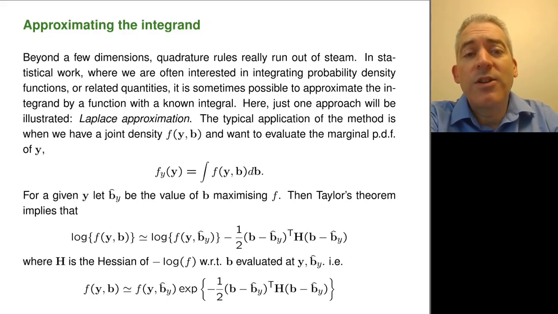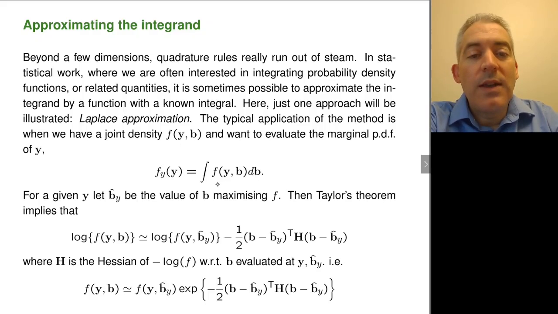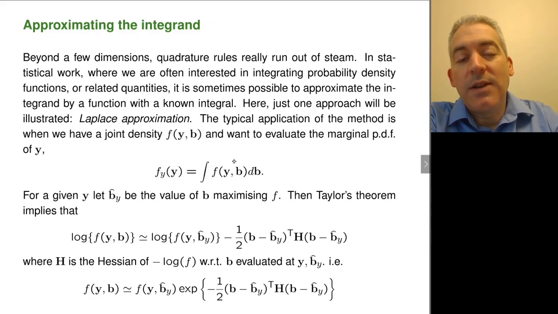The typical setup is that you have some joint probability density or likelihood function for something you're interested in, and some nuisance parameters, here b, that you are not interested in, and so you want to integrate them out. This might be, for example, some random effects that you don't care about. So you're really only interested in the observed data here, y. And to get at that observed data density or likelihood, you've got to integrate out b.